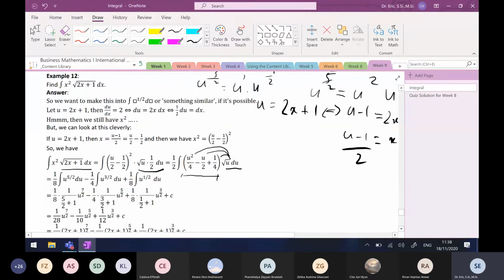So for the first one, the constant, 1 over 8, times u squared, u to the power of half. So u to the power of 5 over 2. So this one. The second, this times this times this. So you have minus 1 over 4 u to the power of 3 over 2.